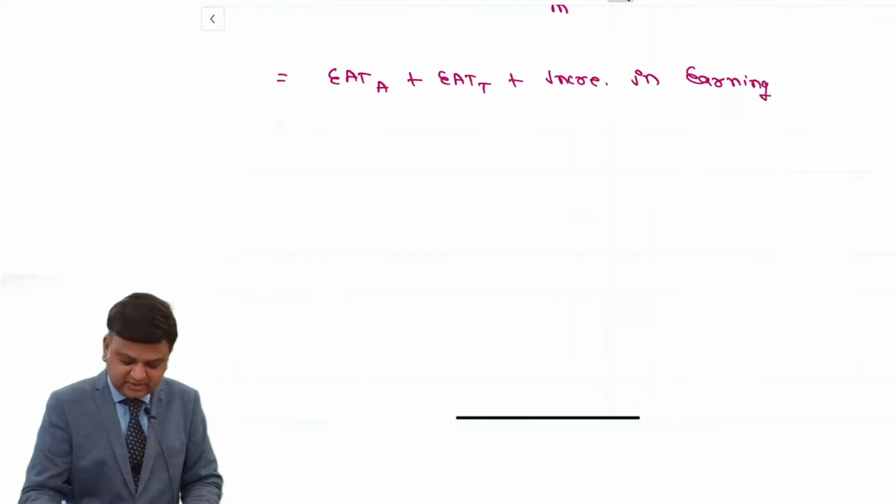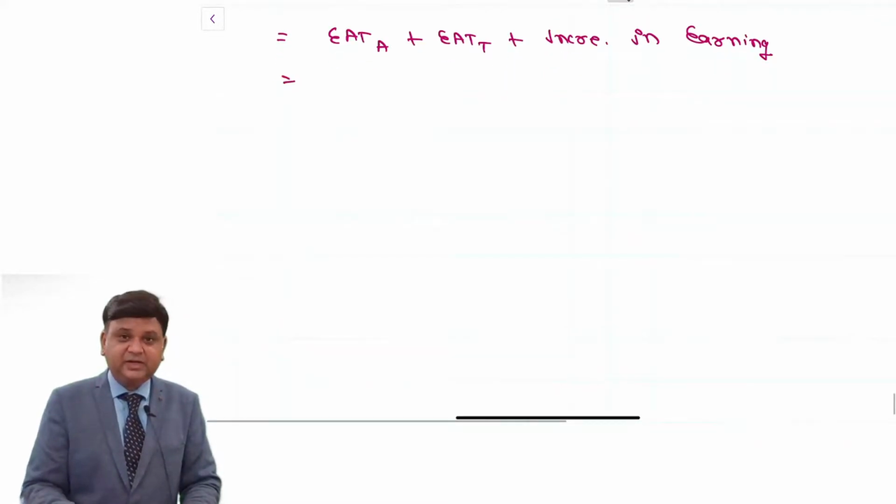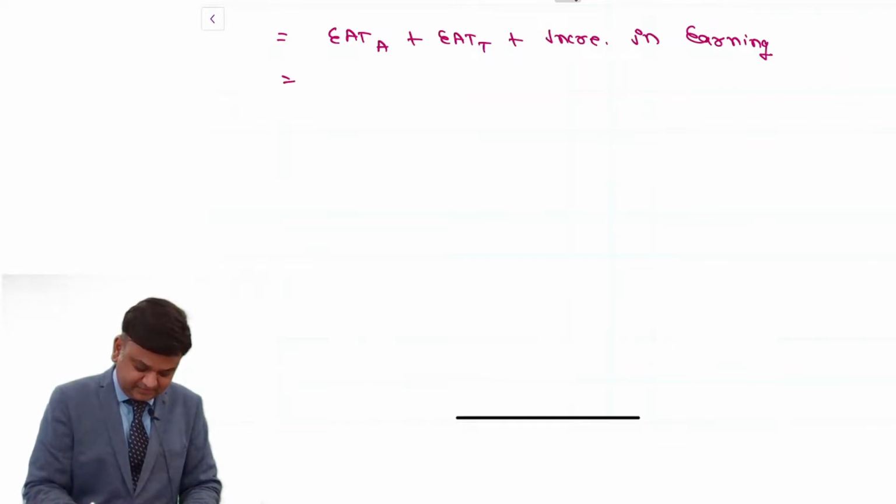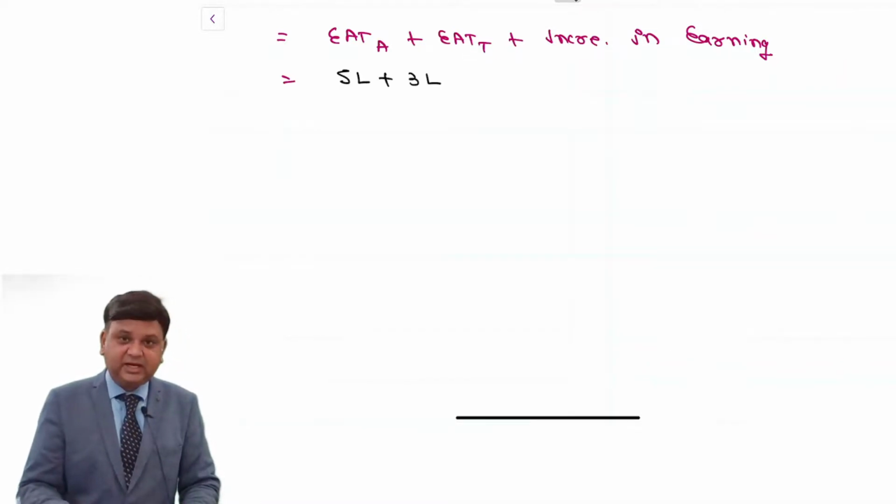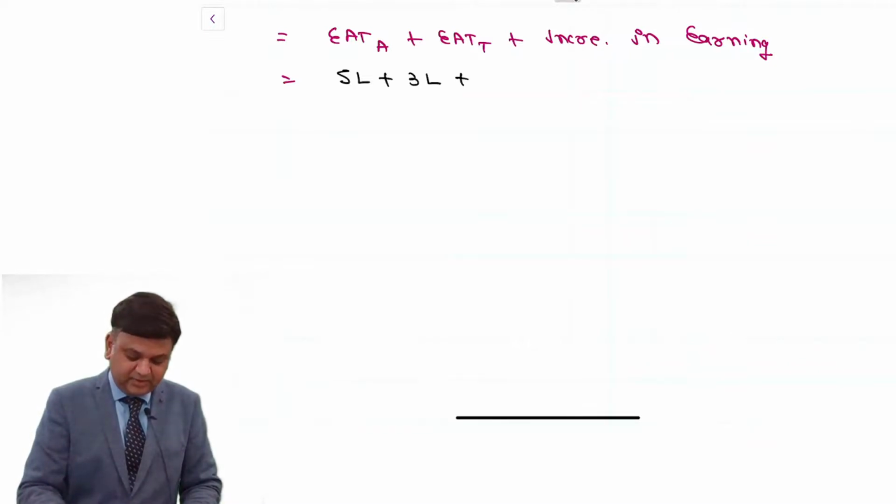Earning after taxes of A is 5 lakhs. For the target company it is 3 lakhs. Plus increase in earning, 5 plus 3 into 20%.